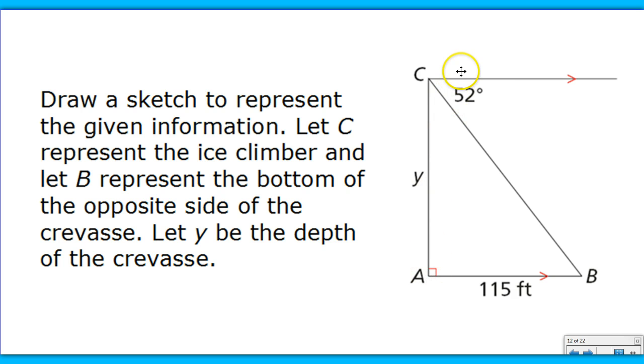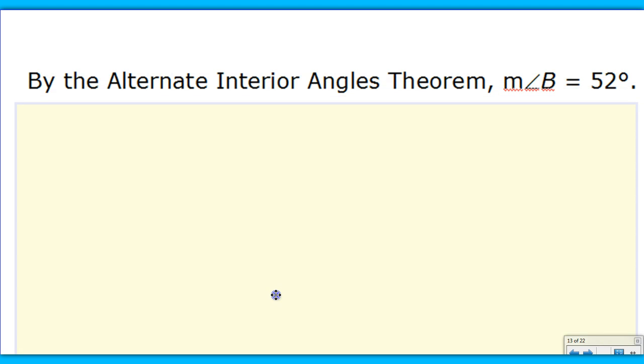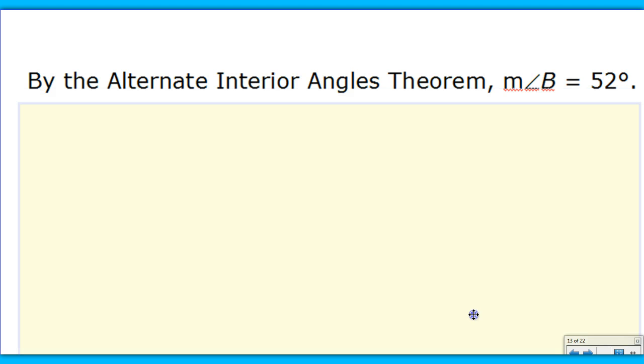Okay, so this is interesting. We have this 52-degree angle here, which is not interior to this triangle, is it? So what might we do? By the alternate interior angles, let's look back, we know that angle B is 52 degrees, right?